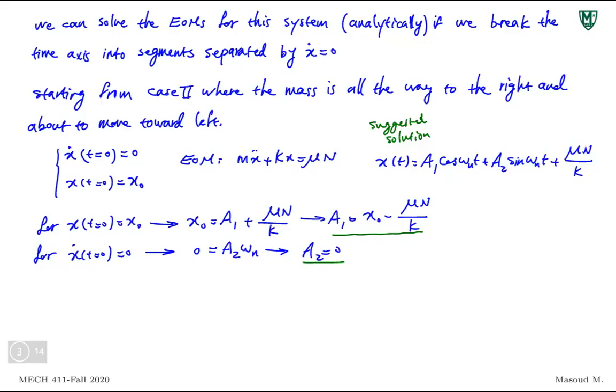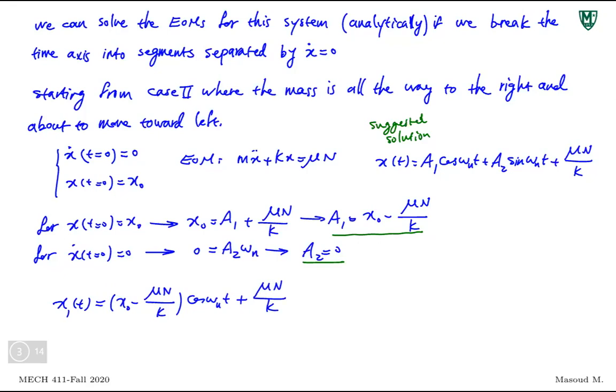If I plug this into the suggested solution, now I know a1 is this, a2 is 0, so x(t), I'll call it x1, becomes x naught minus mu n over k, cosine omega n t, plus, well, a2 is 0, so there is no second term, plus mu n over k.